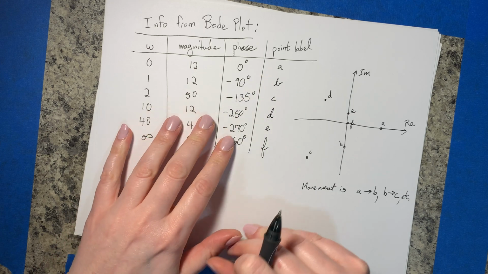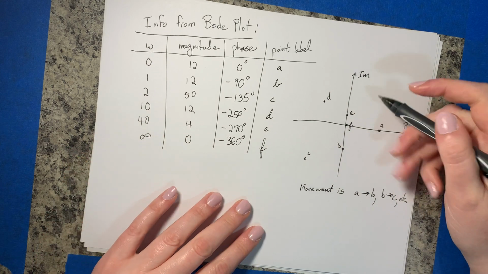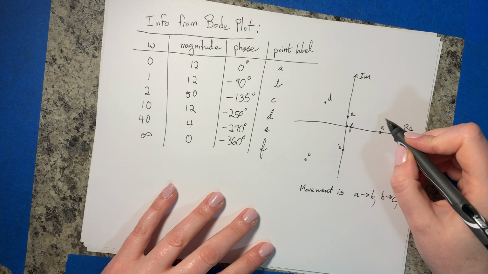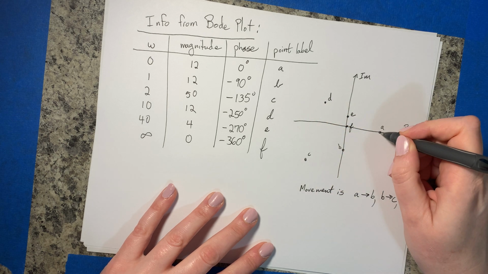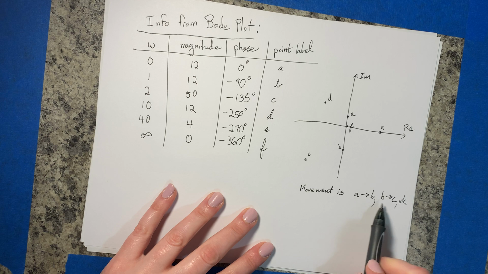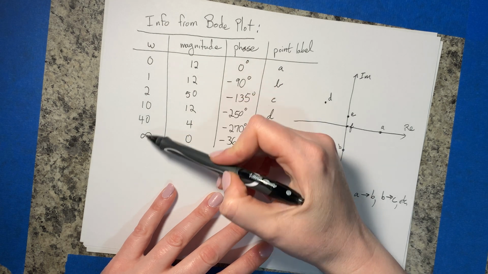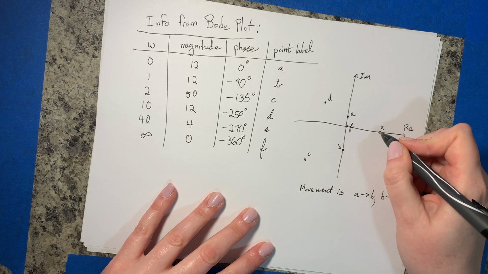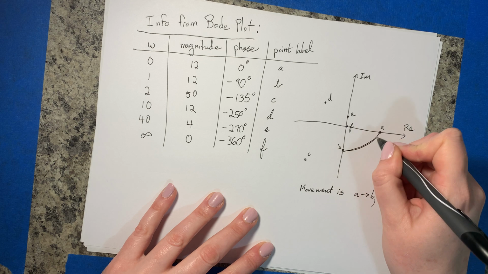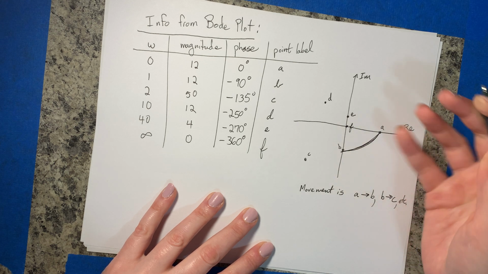Once I wrote out this chart, I went ahead and marked these points out. And so what's left for us to do is just connect these dots. So our movement is from A to B, B to C, and such, in the direction of increasing frequency. So we're going to try and connect these best we can with a certain kind of curvature.